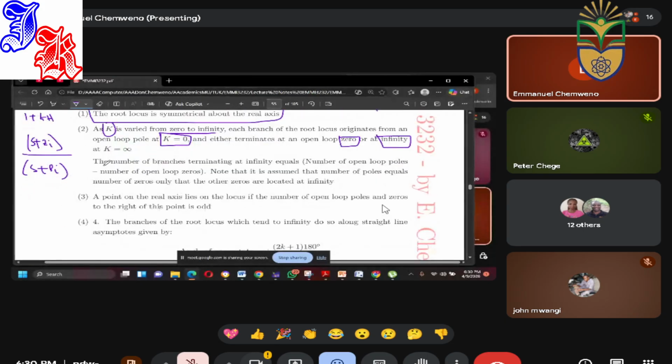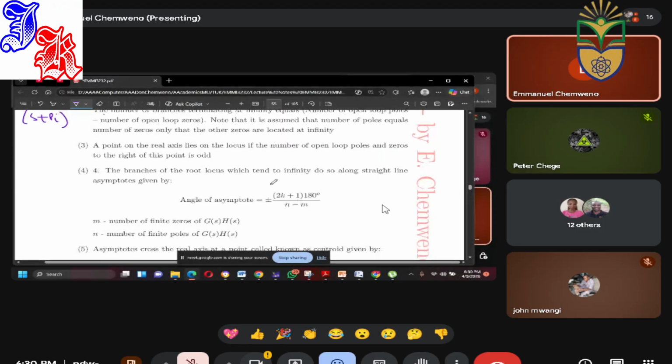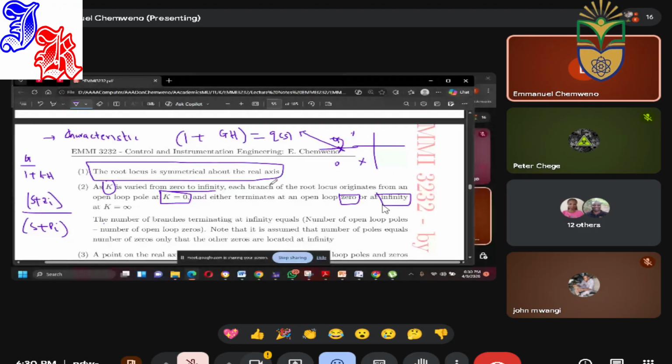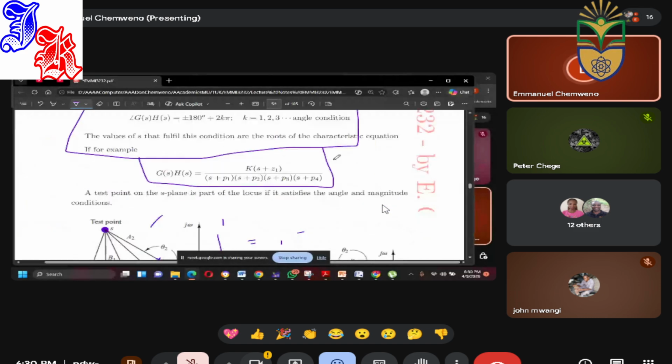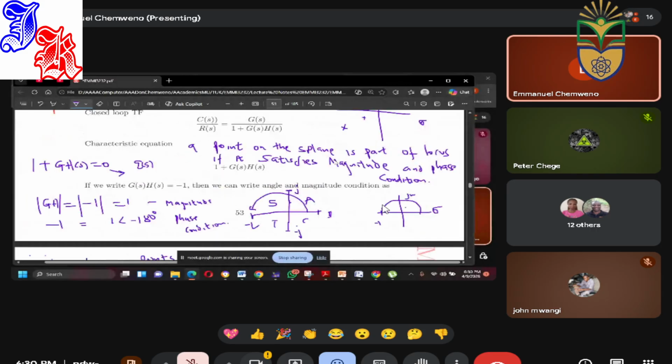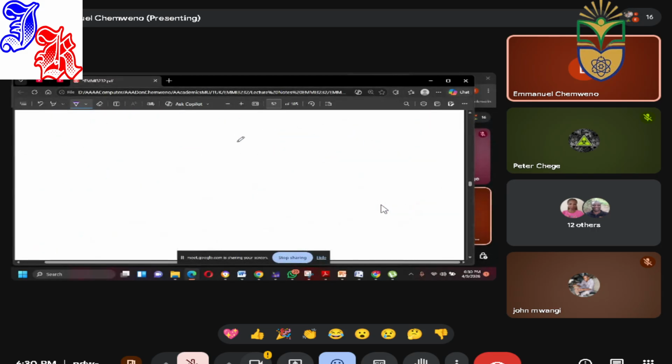How many poles terminate at infinity? First, let me look for space to write. Poles terminate on zeros.